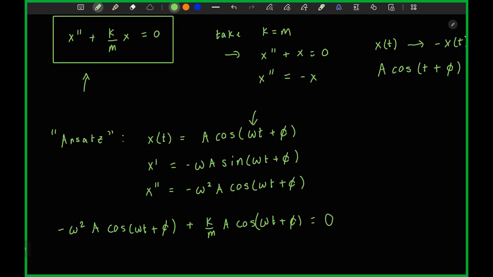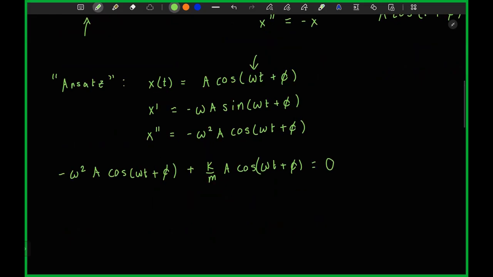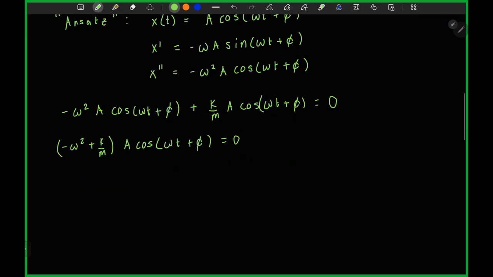Now, what would make this equation be true for all time? I'm going to combine my like terms so that we have negative omega squared plus k over m, all times A cosine omega t plus phi, equals 0. And what we'll note is that for this to be true for all time, negative omega squared plus k over m must equal 0.